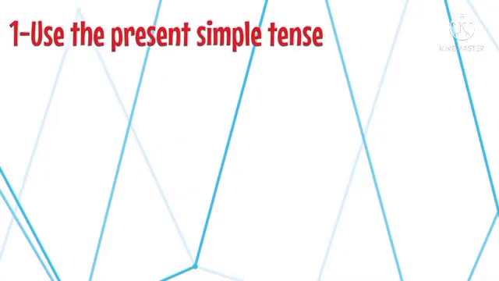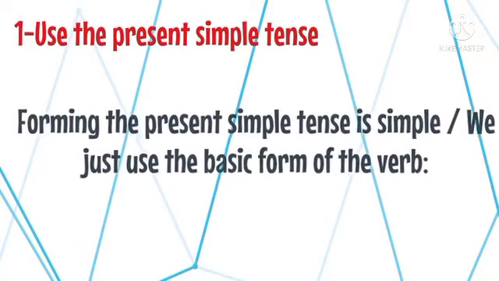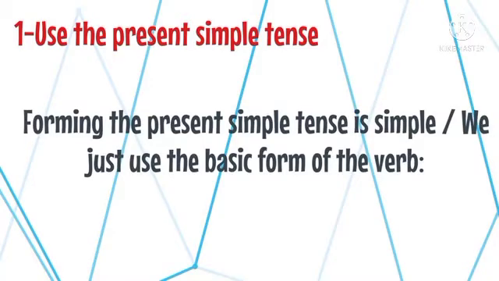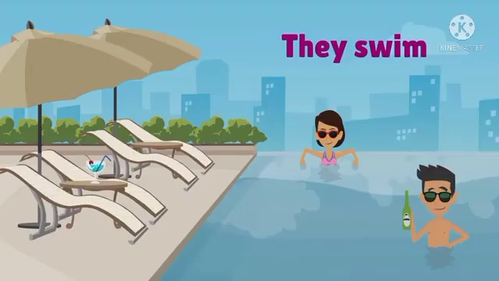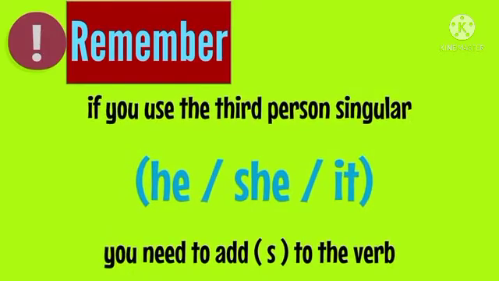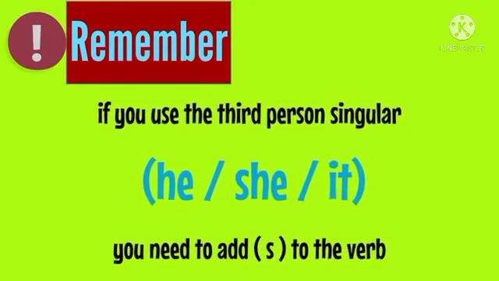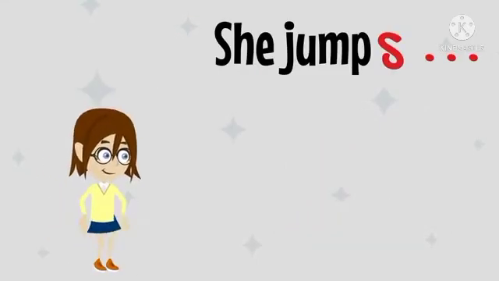Use the present simple tense. Forming the present simple tense is simple. We just use the basic form of the verb. I play. You work. They swim. Remember, if you use the third person singular, he or she or it, you need to add s to the verb. He plays. She jumps.